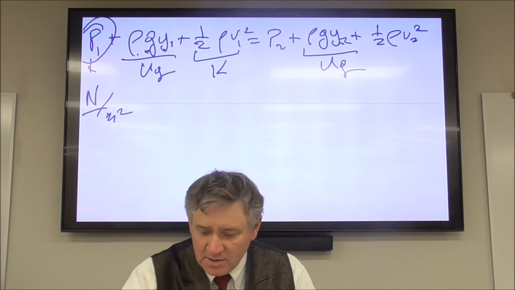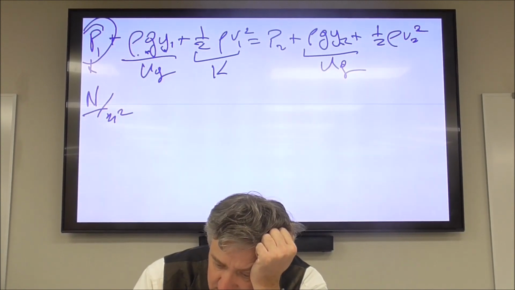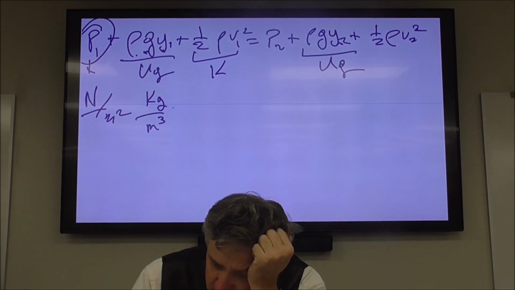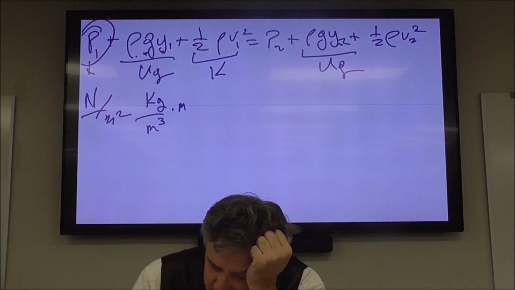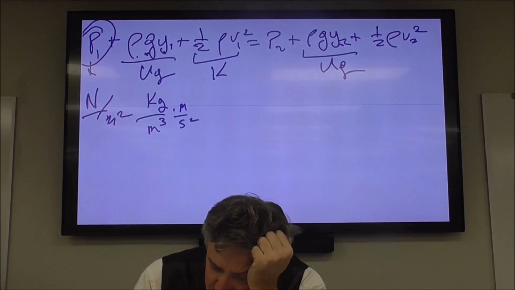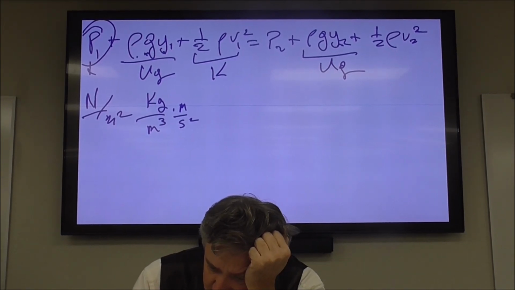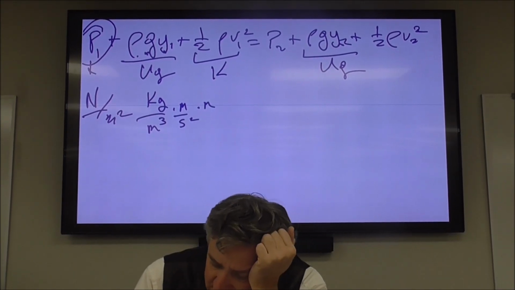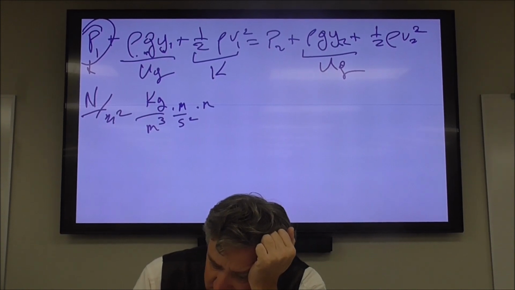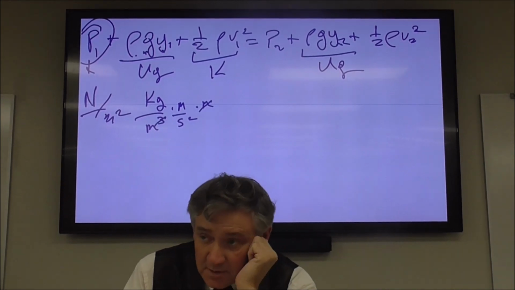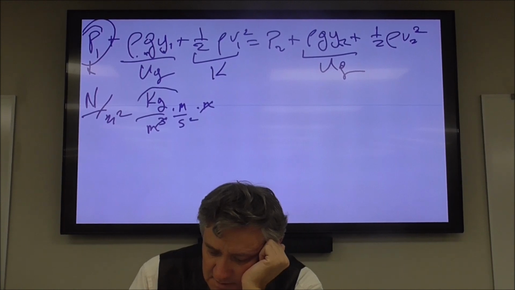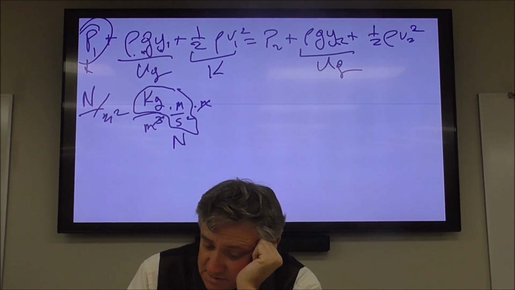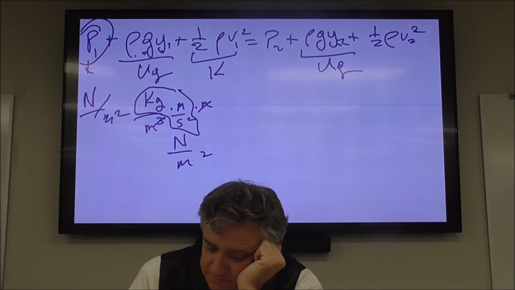So, if you look at the units, rho is going to be in kilograms per cubic meter, times g, which is going to be meters per second squared, times h, which is going to be in meters. So we can cancel out one of those meters. That leaves us kilograms meters per second squared, otherwise known as newtons, divided by meters squared.